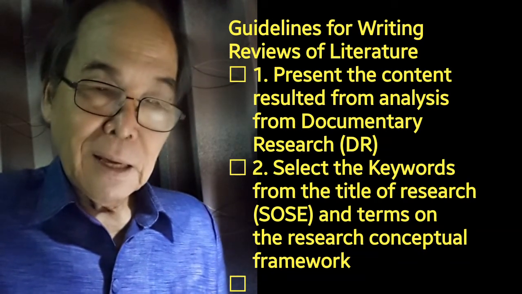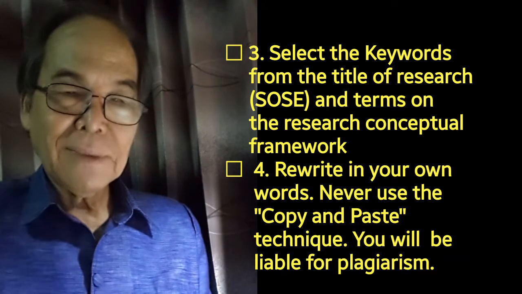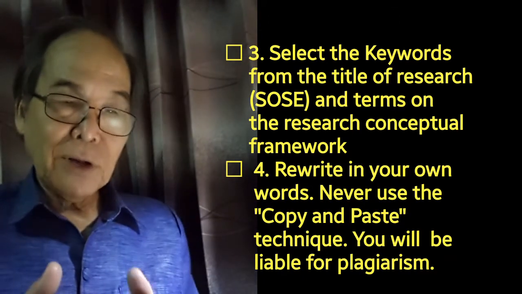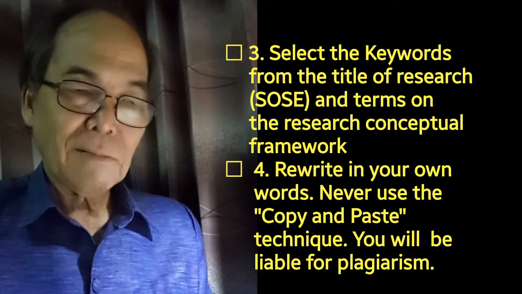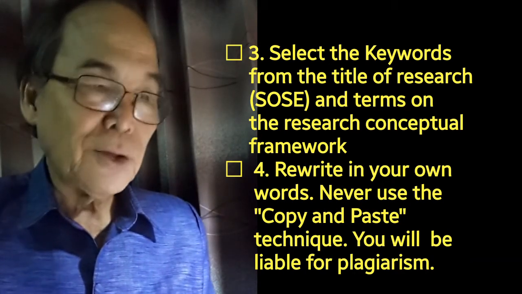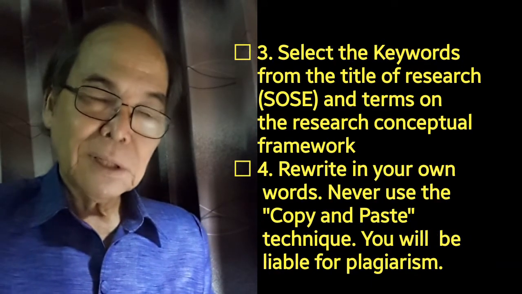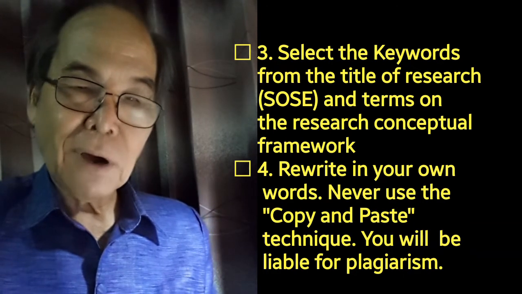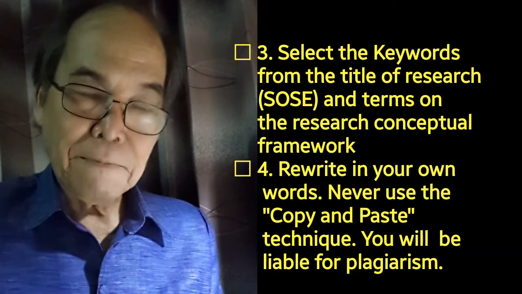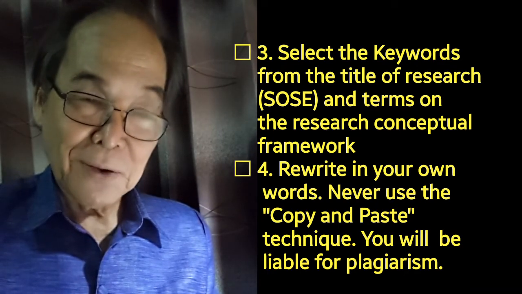Number three, you have to write in a very precise manner, very short, very clear. You have to write in your own words, not just copy and paste. You know how to do it, right?